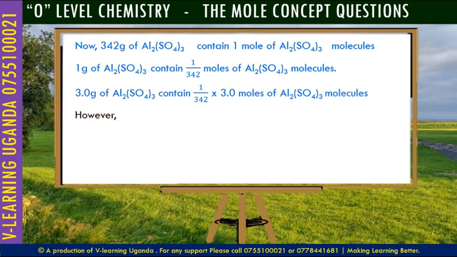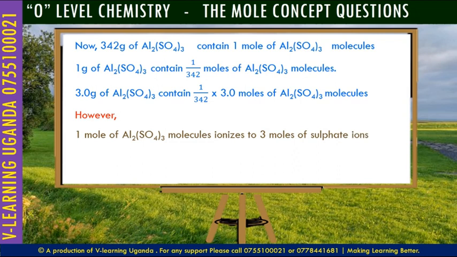As we have that now, we should remember that 1 mole of aluminium sulfate ionizes to produce 3 moles of the sulfate ions. We have the 1 over 342 times 3.0 moles of aluminium sulfate, which we have not calculated. We now go to ratio. If 1 mole of aluminium sulfate ionizes to 3 moles of sulfate ions, what about the above moles?